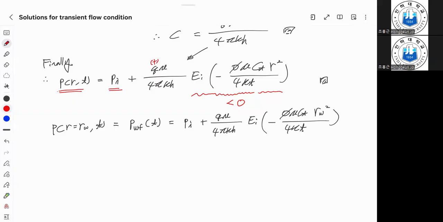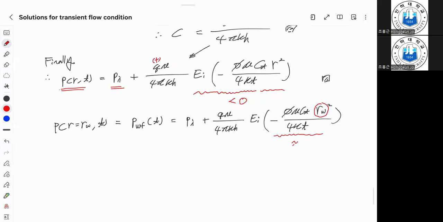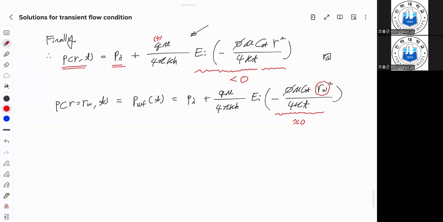And when we put this rw, which is a very small number compared with re, the entire input here will be a very small number. So when it's close to 0 or very small, there's an alternate way of explaining this with an approximation.